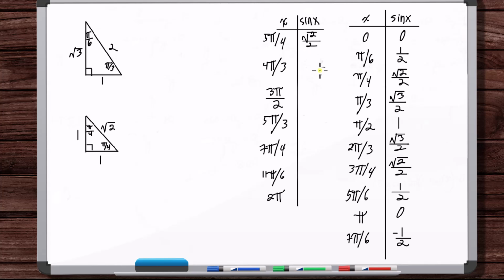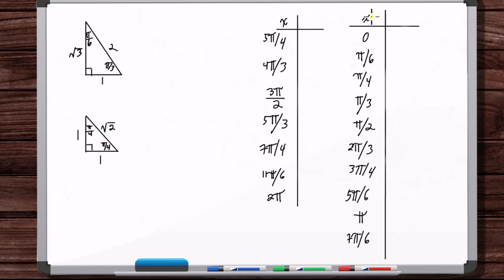Okay, now let's graph cosine. Cosine of 0 is 1. Here's the 30-degree angle, adjacent over hypotenuse, root 3 over 2. 45-degree angle, it's going to be 1 over root 2, so root 2 over 2.